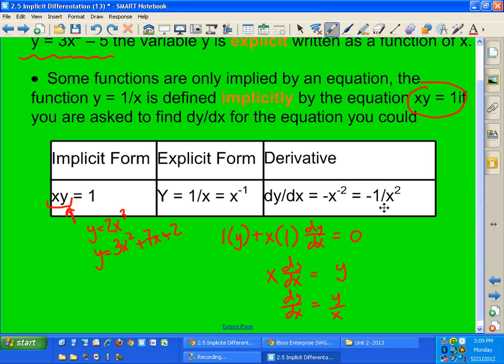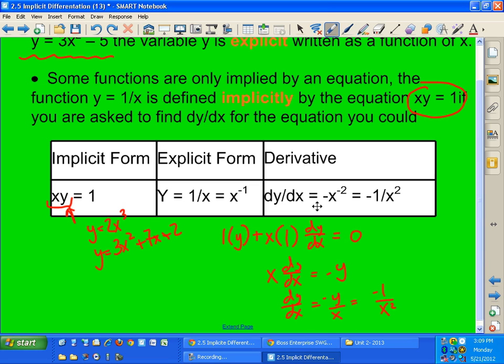But you will notice that if I replace y with what it solves for, which is 1 over x, then I will get the exact same thing, negative 1 over x squared. Now, most of the time, you're not going to want to solve it for y and do the derivative, but that's what's happening here.